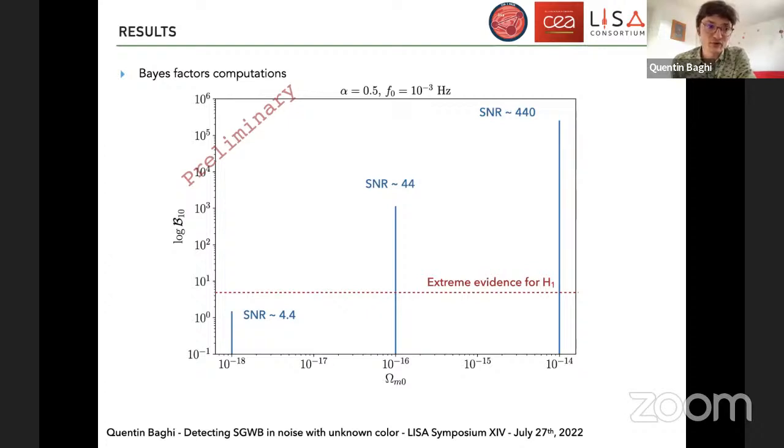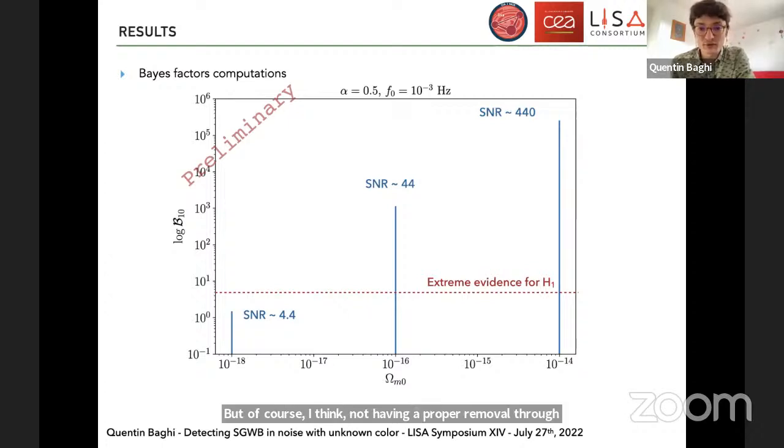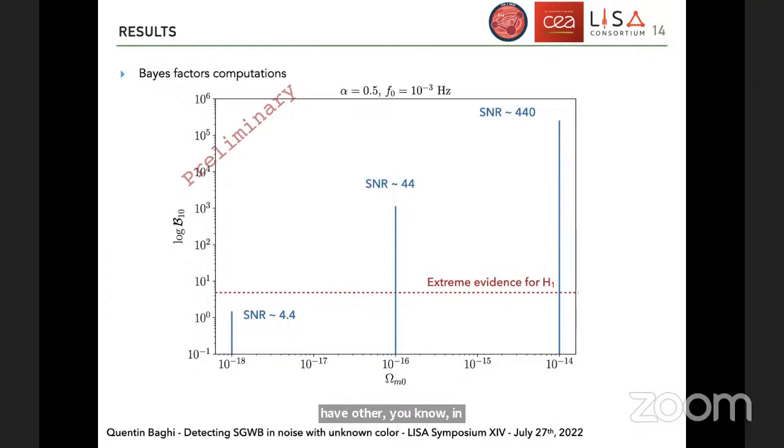But of course, I think not having a proper removal through the global fit of all the sources is the most crucial thing here, because even though you're probing a wide range of frequency bandwidths, these kinds of analyses are very sensitive. But maybe people have other insights about this. Thank you.